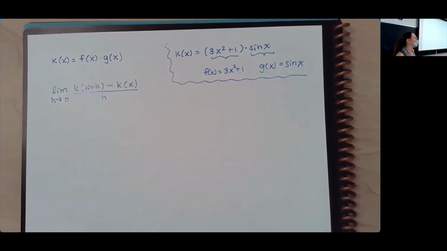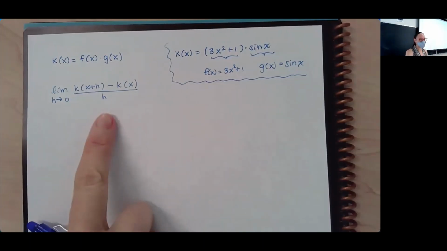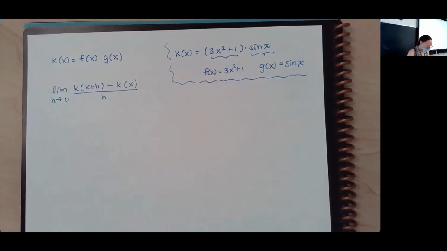And I will say that in office hours on Tuesday, I had people asking me about the other limit definition of the derivative as x approaches a, and we can definitely do some of that in office hours if people want. This one's going to be a little bit easier for us for the product rule. So I'm going to stick with this one.